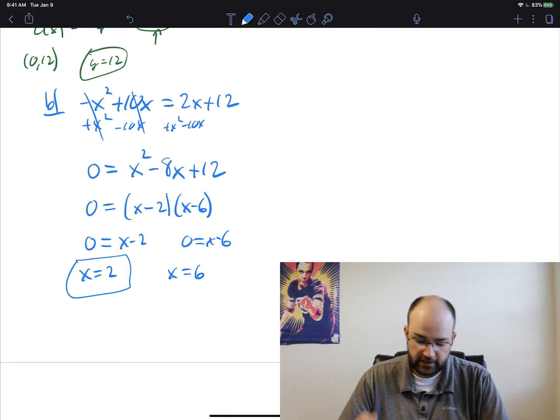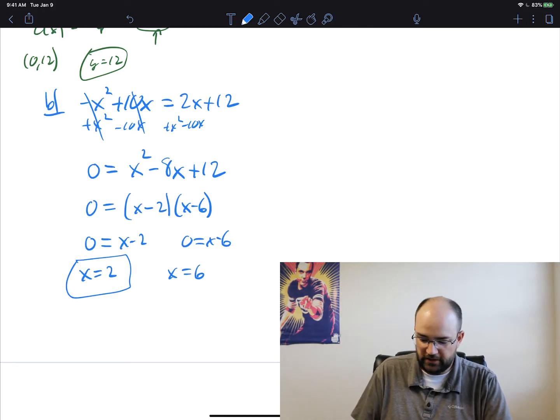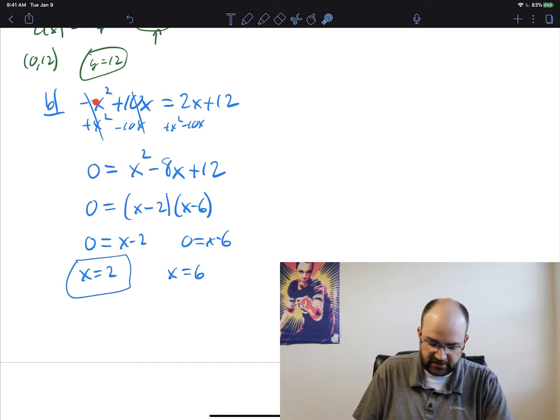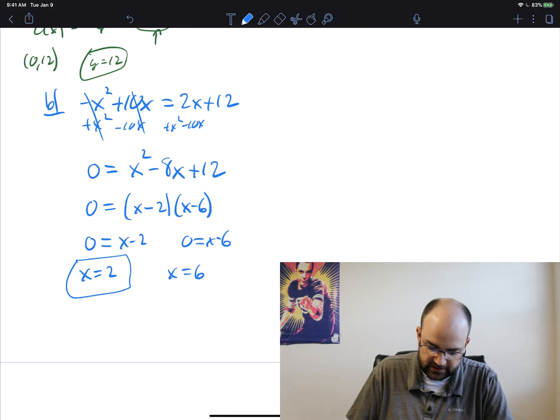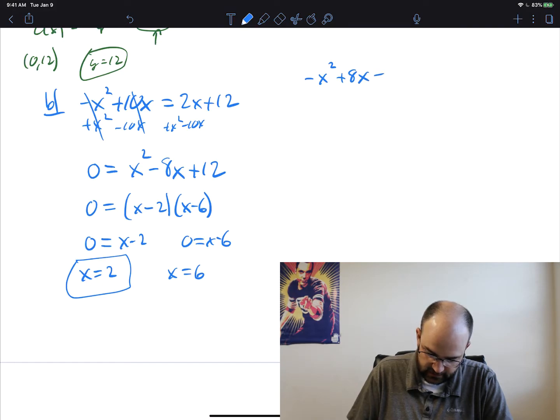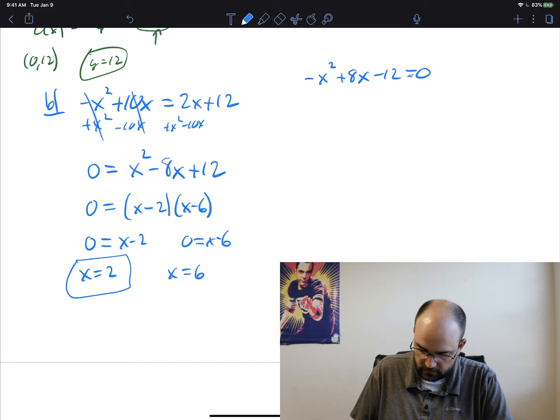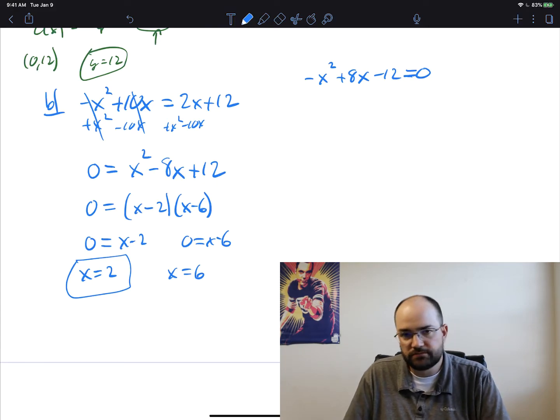That's all it is. Now, notice that I didn't have to add the x squared and subtract the 10x. I could have subtracted 2x and subtracted 12, and I would have been left with this: -x squared plus 8x minus 12 equals 0. And then you can just go with that one as well.